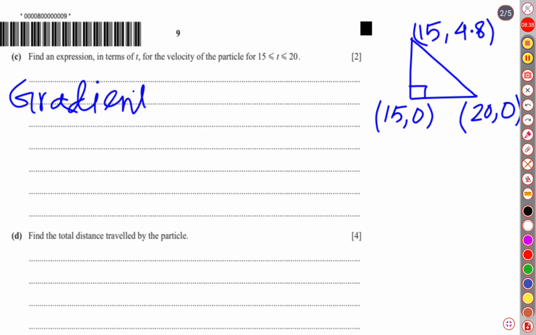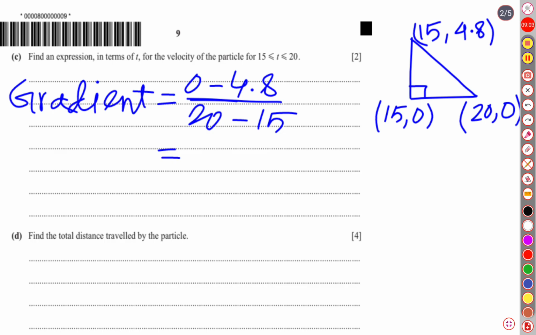So the gradient is equal to, let's choose the final velocity first, 0 minus 4.8 over 20 minus 15. 20 minus 15 equals 5, so it is negative 4.8 over 5.